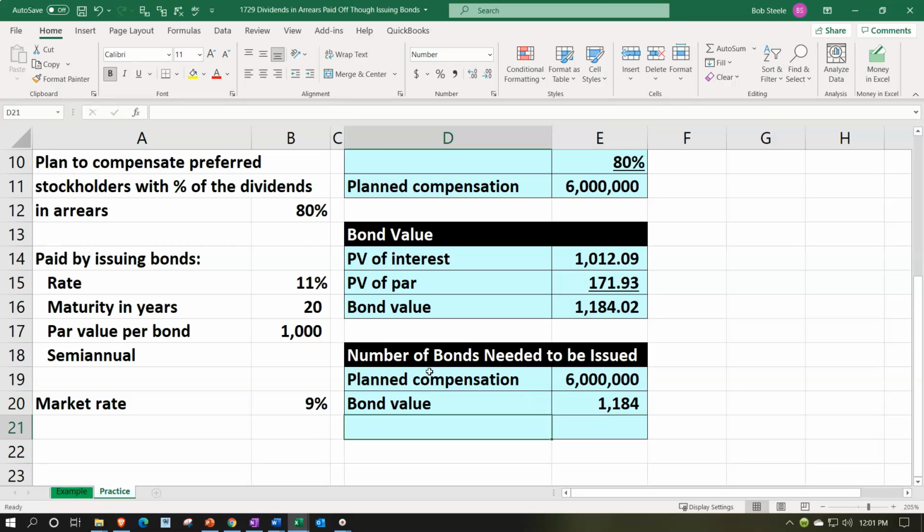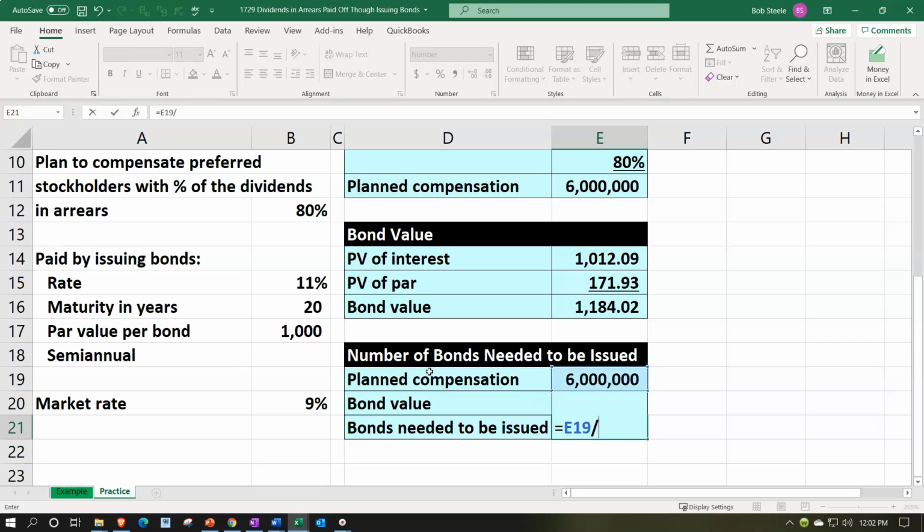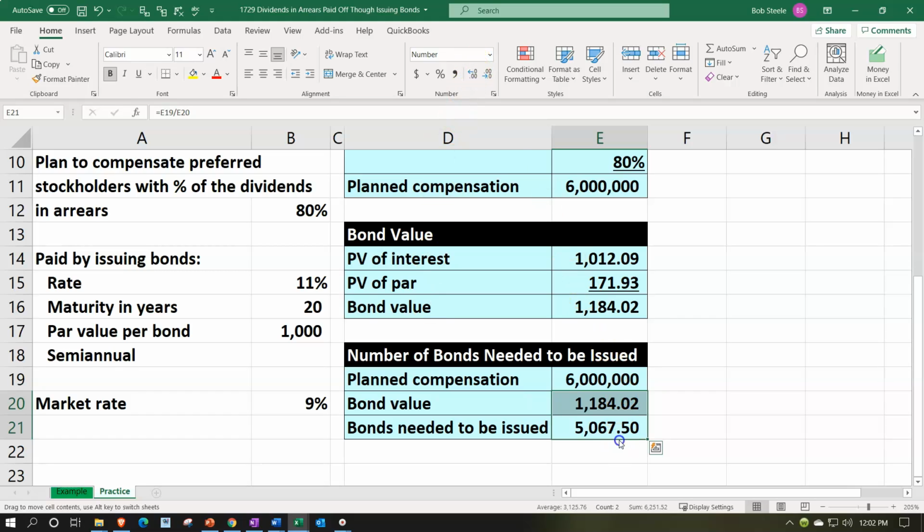So then that's going to give us the bonds needed to be issued, we'll call it. That's the 6 million divided by the 1184.02. Let's add some decimals to these too. Obviously, we might not be able to issue 0.5 of a bond, so we might have to round this in some way or another, but we're going to go to the font group and underline. There we have it. So we're going to have to issue those bonds.